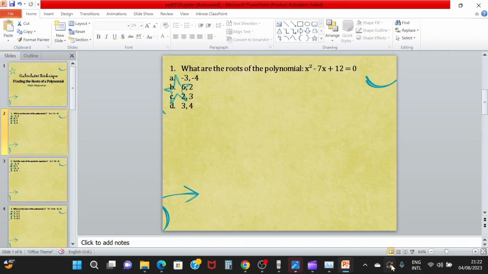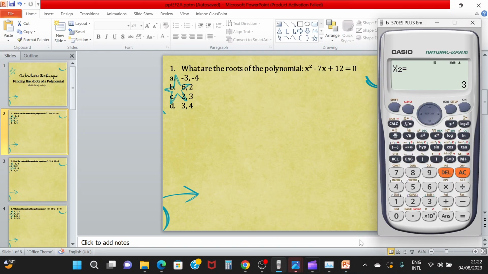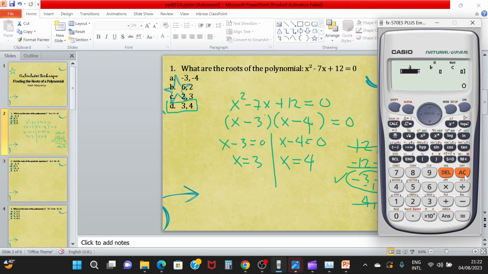Pag solve nito using our calculator ay napakadali lang dahil you just go to mode 5 and then tingnan mo yung degree. You have here x squared, so hanapin mo yung degree 2. And then, i-encode mo na ang lahat ng numerical coefficient ng iyong polynomial.